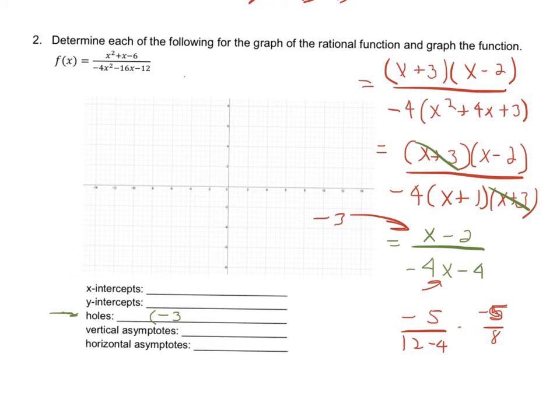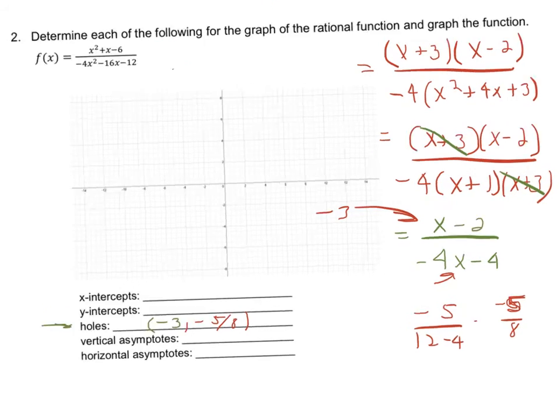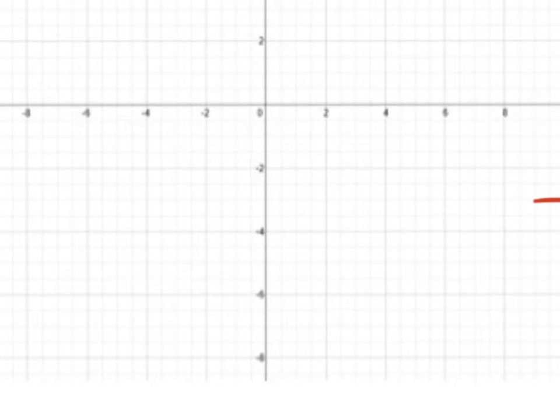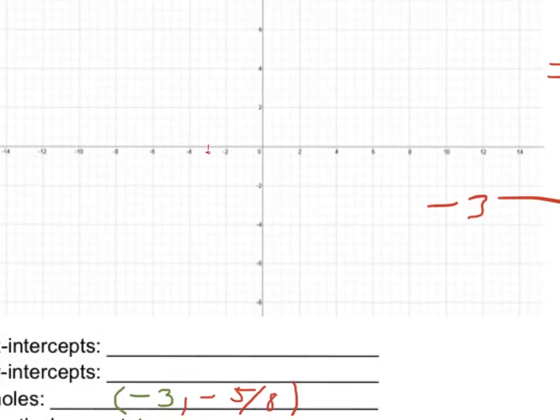So there's where the hole is. And you could even plot that point at this junction. Negative 3, negative 5/8 would be somewhere around here. But that's going to be a hole, so I'm going to leave it with that little gap in it. So there's the hole.